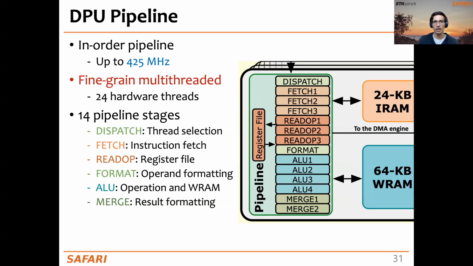Then we read operands from the register file, format these operands, and then start the execution of the instructions in the ALU stages. From these ALU stages, we are able not only to execute arithmetic operations, for example, but also to read and write from this scratchpad or software-managed cache that is this WRAM, or working RAM. And finally, we have 2 result formatting stages. So in total, 14 pipeline stages.